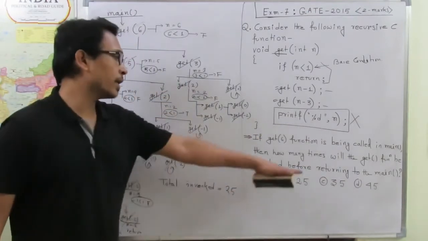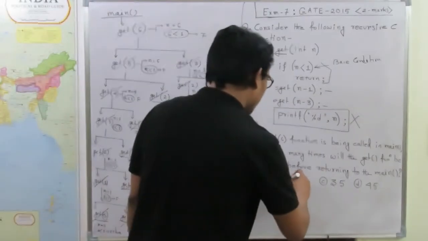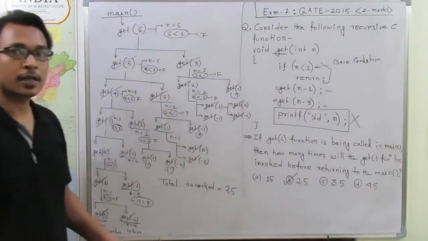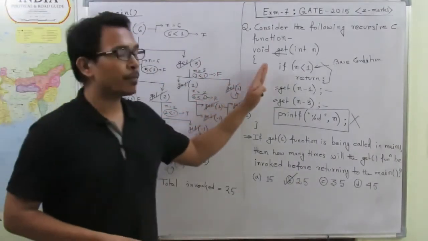So which one will be the correct option, correct result? This 25 will be the correct result for this particular given problem.